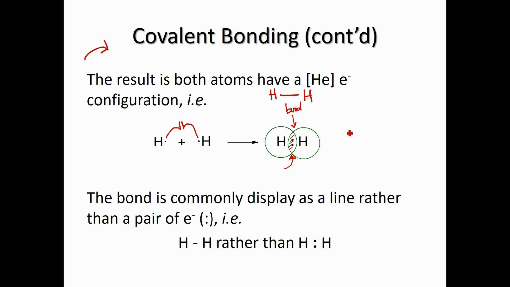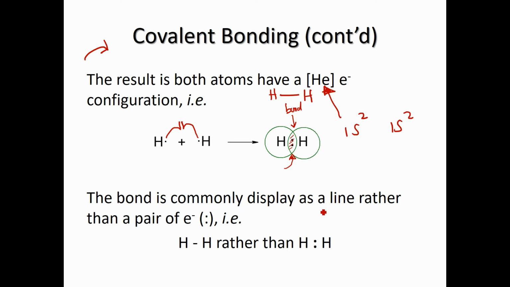Now each hydrogen has the outermost shell filled up, because remember they had one but now they're sharing. If you consider the one to the left, these two electrons; if you consider the one to the right, these two electrons. So each of them is happy, and that's why they gain the noble gas electron configuration, the same as that of helium.